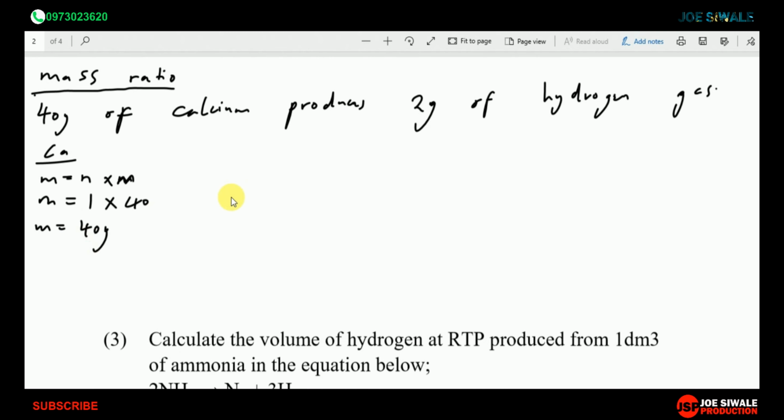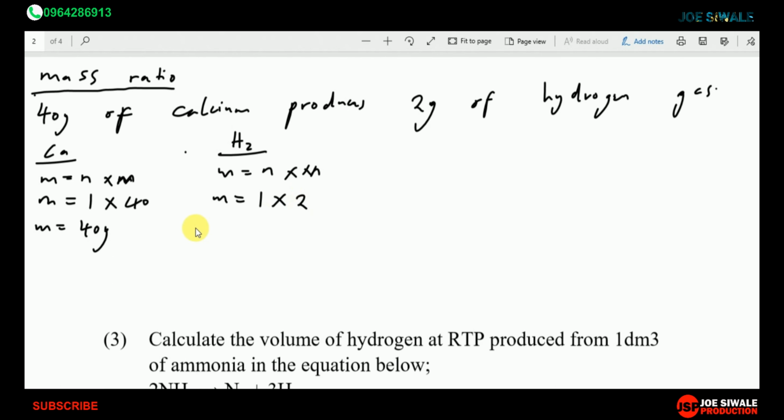Then what about that of hydrogen gas? So how these two are coming about, we're going to say mass is equal to number of moles multiplied by the molar mass. Mass is equal to number of moles from the equation. We only have 1 mole of hydrogen gas multiplied by the molar mass of hydrogen gas, that's 2.